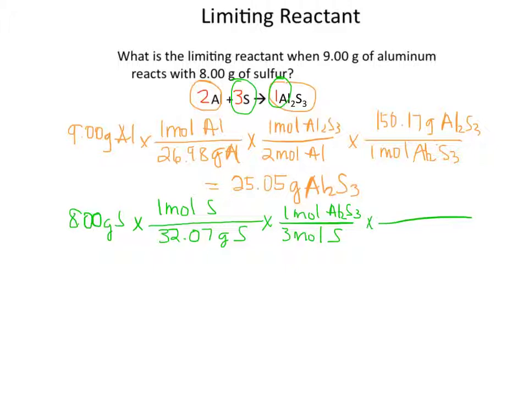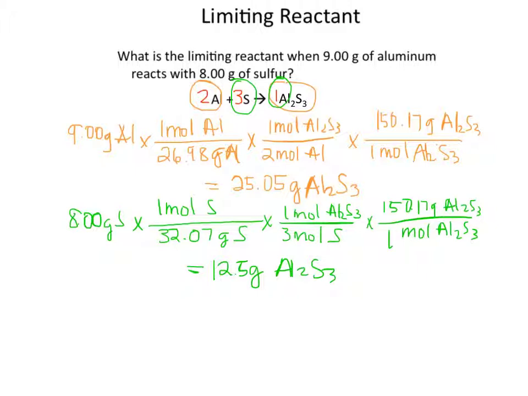I multiply by the molar mass of aluminum sulfide, and then plug it into the calculator to end up with 12.5 grams of aluminum sulfide. So our smallest yield is 12.5 grams. Our limiting reactant is the sulfur because it yields the least amount of product.